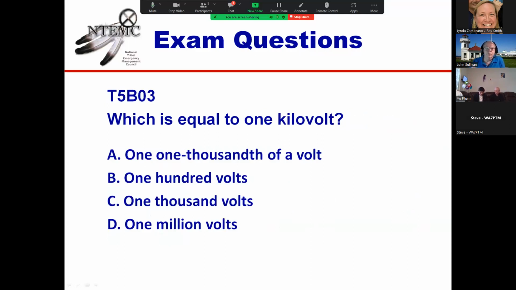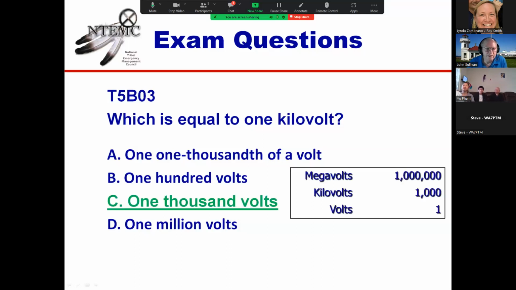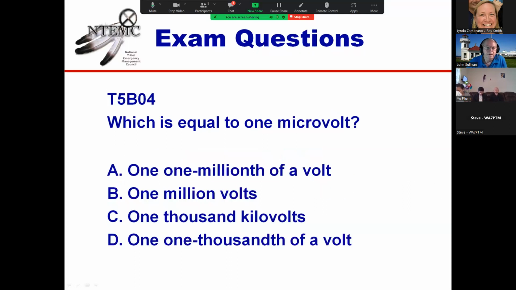So remember, kilo is 1,000, and kilo, mega, and giga are for things greater than 1. So it wouldn't be 1/1000th, and it's not 100. We know that it's 1,000 volts, so it's answer C. It's not a million, it's 1,000. Megavolt would be 1,000,000 volts. Kilovolts, 1,000 volts. Answer C.